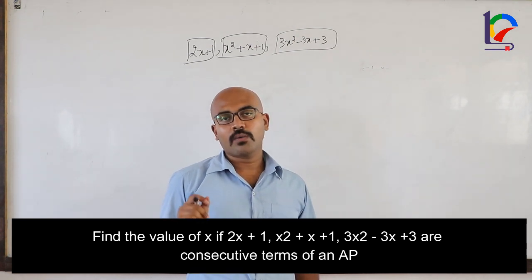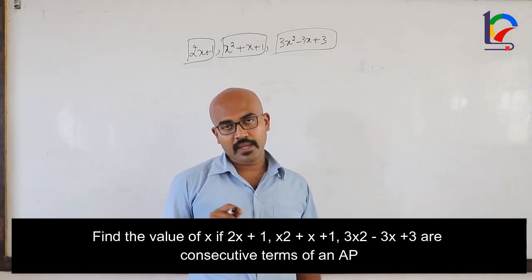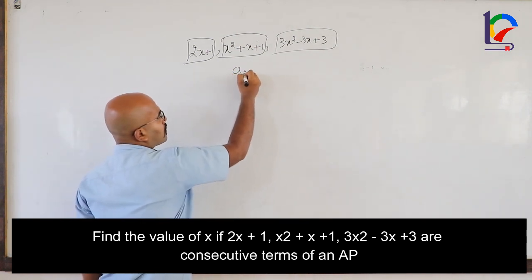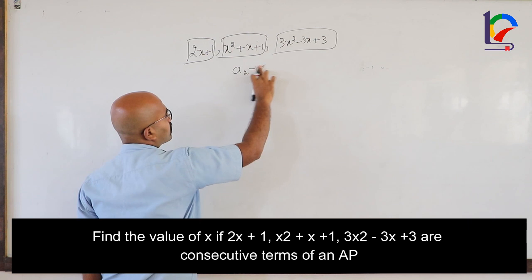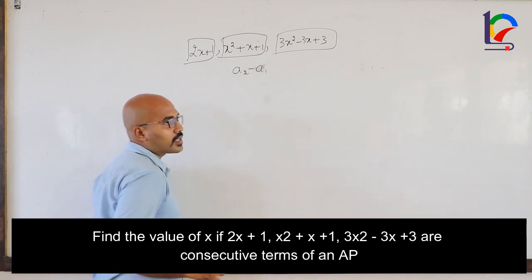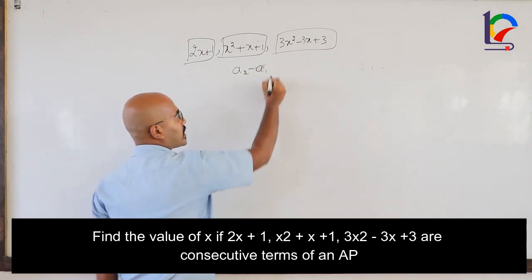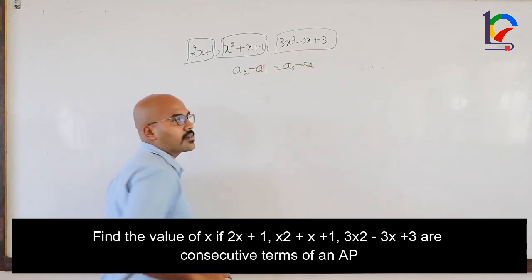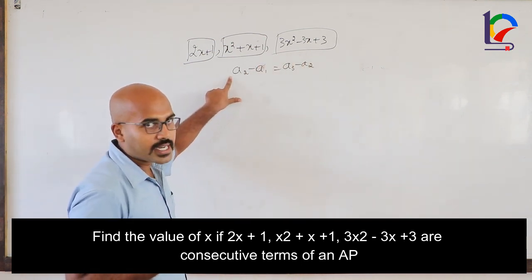So you know that the common difference in an AP will be the same. That is, when you take a2 minus a1, the common difference, it will be the same when you take the third term and the second term. So what is the second term?